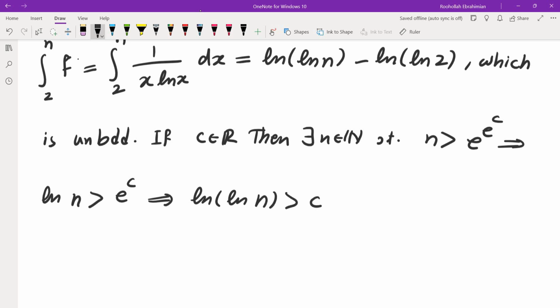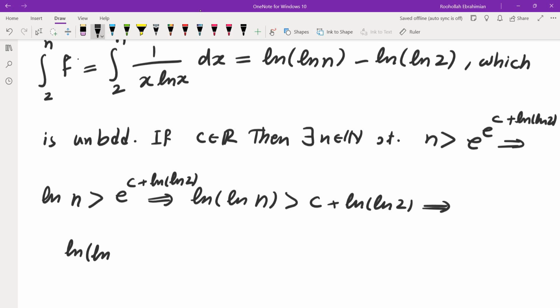So I'm going to actually make that c plus natural log of 2, which means natural log of n minus natural log of 2 is more than c.